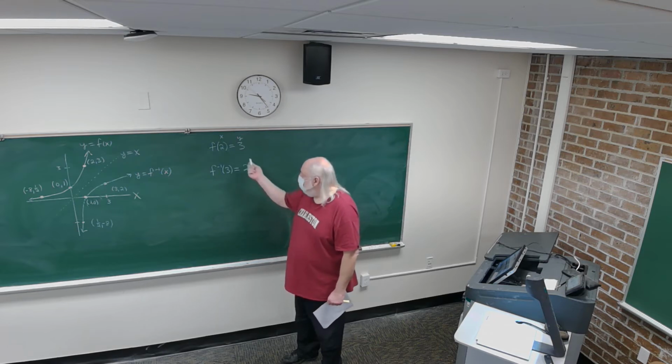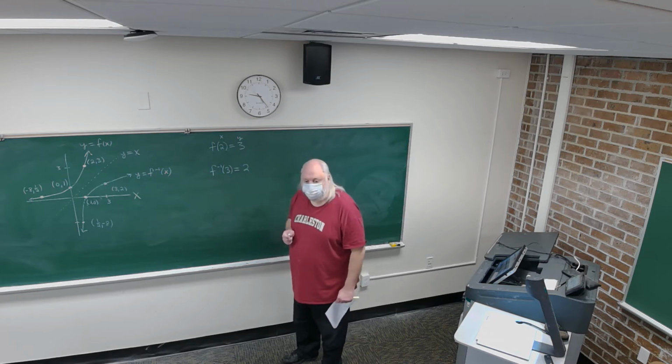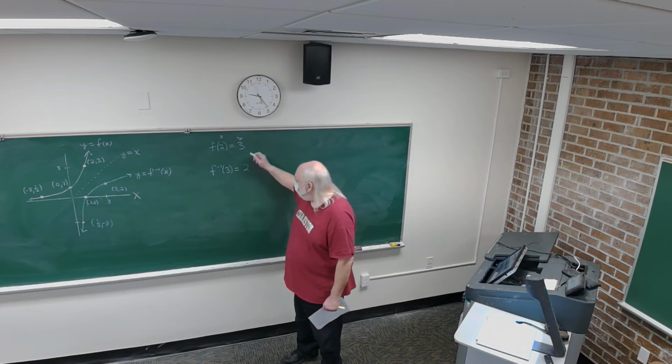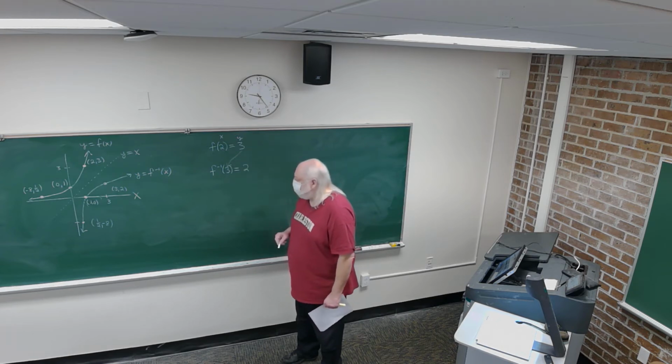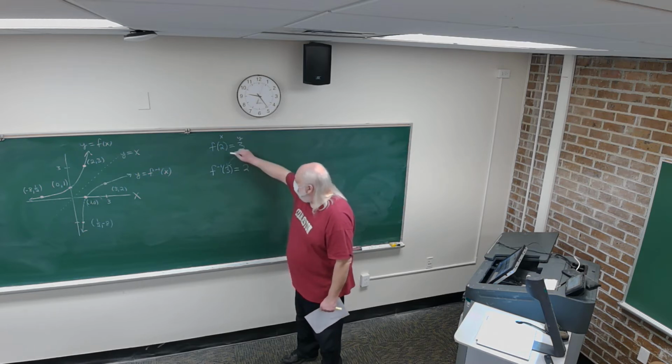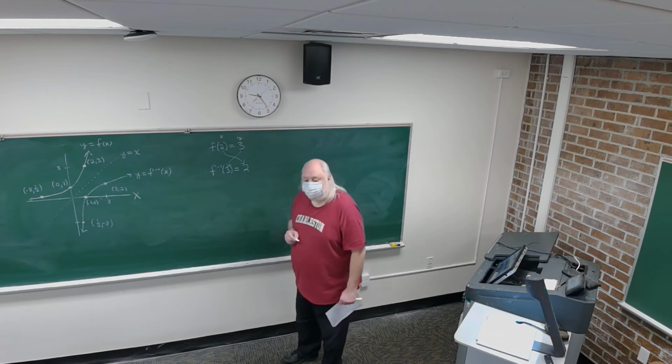The inverse function works in the opposite direction of the one-to-one function. What comes out of the one-to-one function goes into the inverse function, and what goes into the one-to-one function comes out of the inverse function.